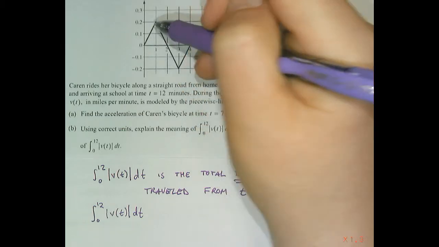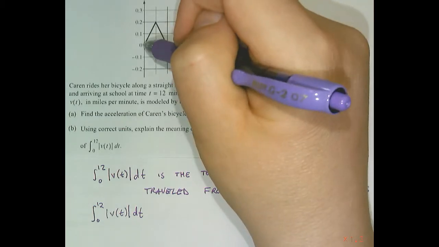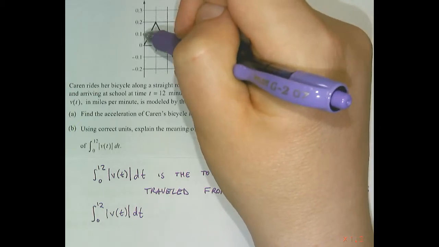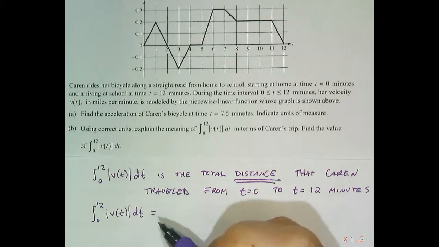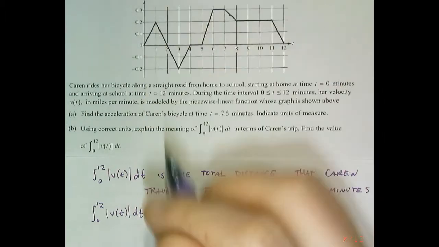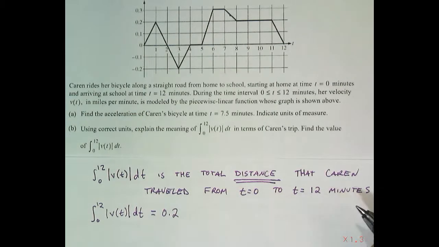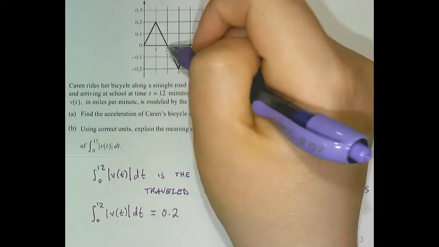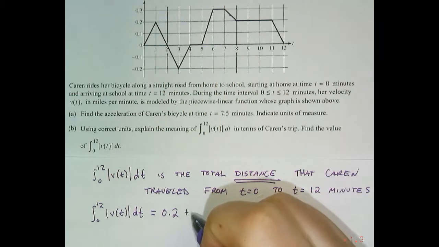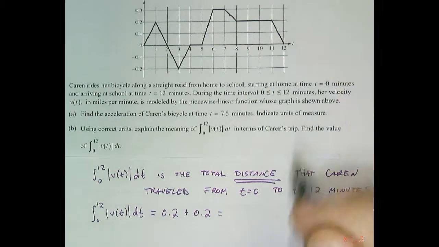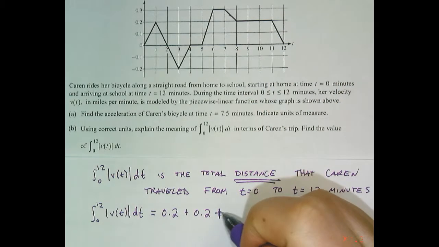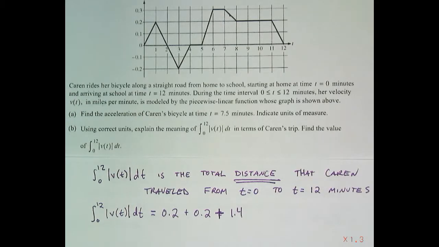So I like counting it as squares, but you just have to remember that the area of each square of space is 1 by 0.1. So in the first interval from 0 to 2, she travels 0.2 units. From 2 to 4, she travels 0.2 units. And then in this final stretch, she travels 1.4 units. So either calculate it using geometry or count up the squares.